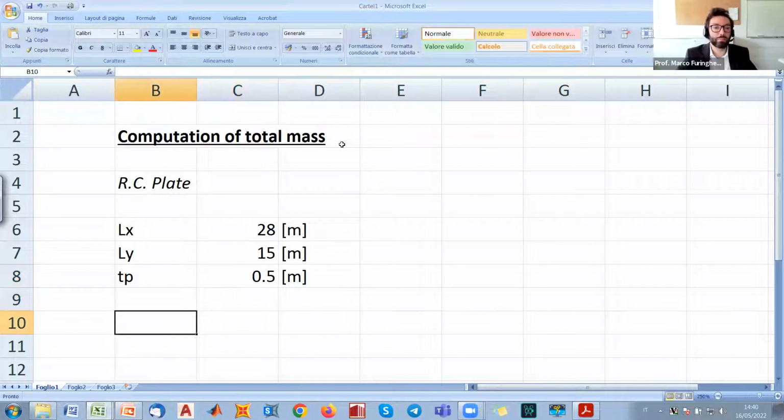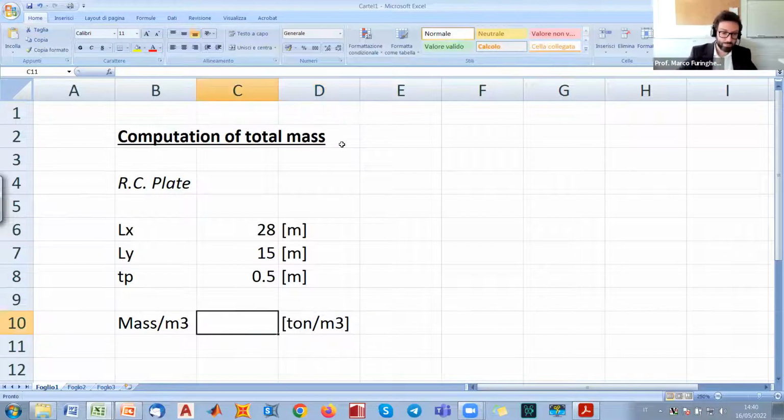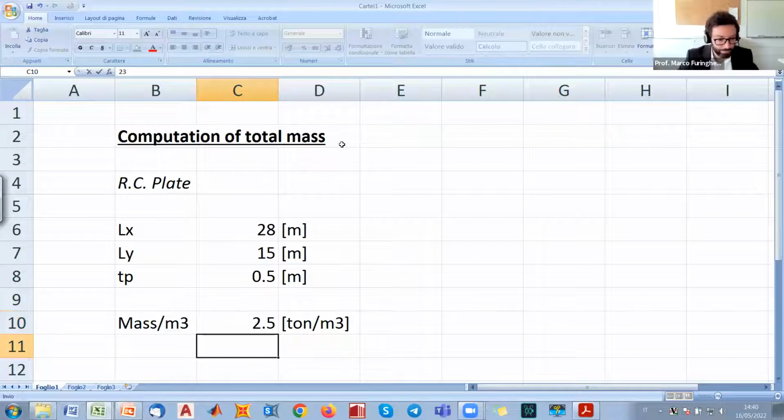So let's compute the mass for this reinforced concrete plate. We know the mass per unit volume, which is in tons over meter cubed, and a general value can be 2.5.